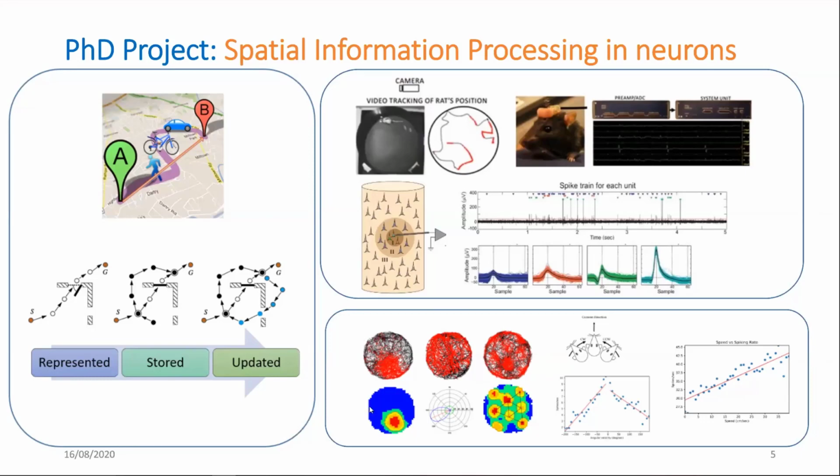Apart from that spatial information, we also have non-spatial information, something like angular head velocity. For example, the animal is moving its head at a particular speed towards a particular direction, and that is affecting the firing rate, so the number of action potentials of a neuron. Again, the running speed is also affecting it.